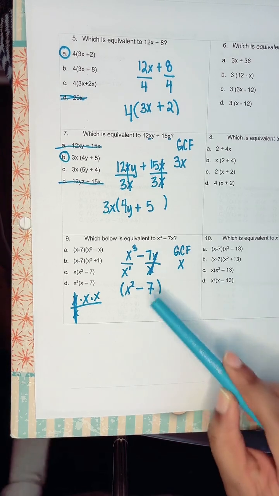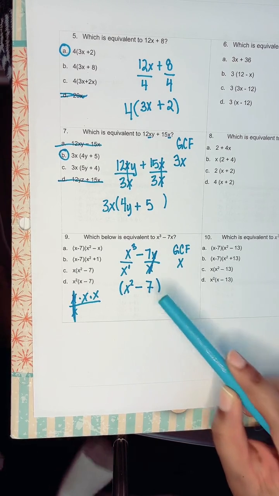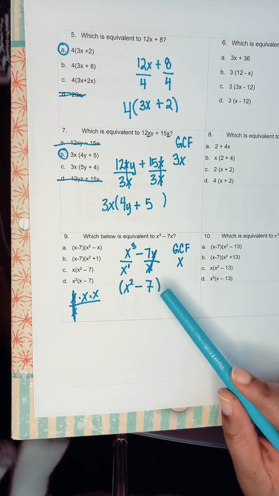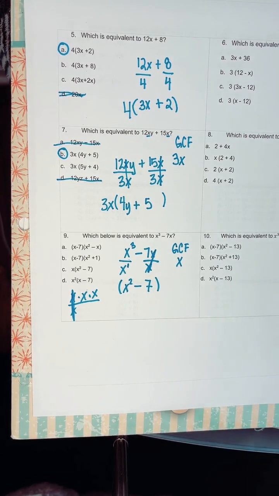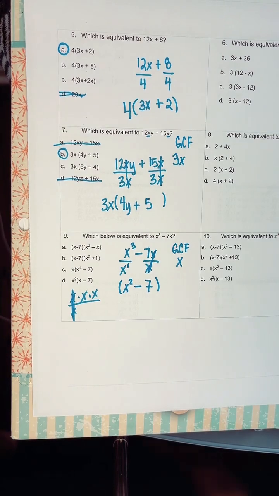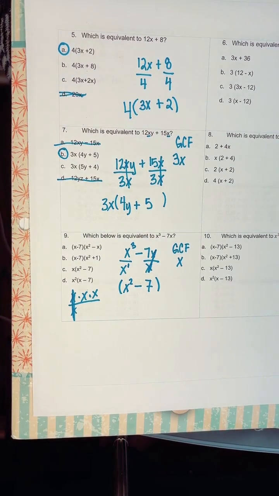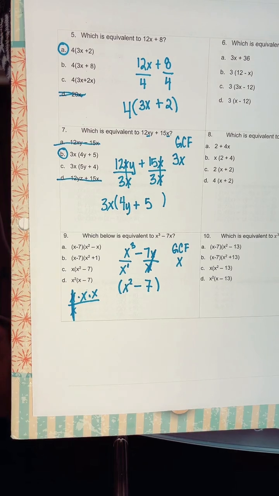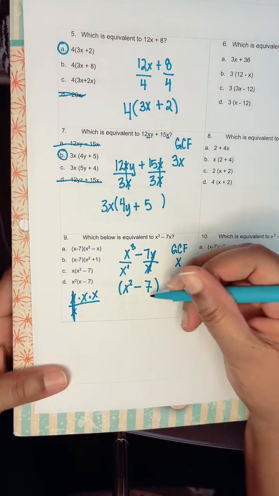Is this a difference of squares? Say yes or no. Is this a difference of squares? No? Okay. It is not.